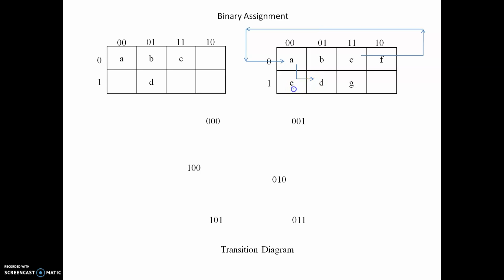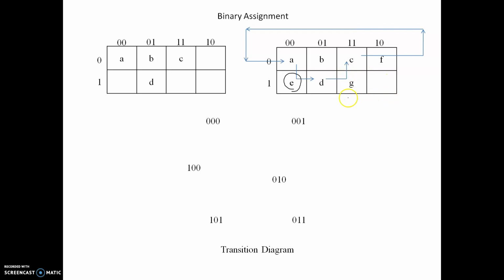The intermediate unstable variable between A and D is E, so the transition goes from A to E to D. Similarly, from D to C the intermediate variable is G. Now let us see the transient from C to A. Here my transient goes from C to A through F. F is the intermediate state, and it has a value of 011.